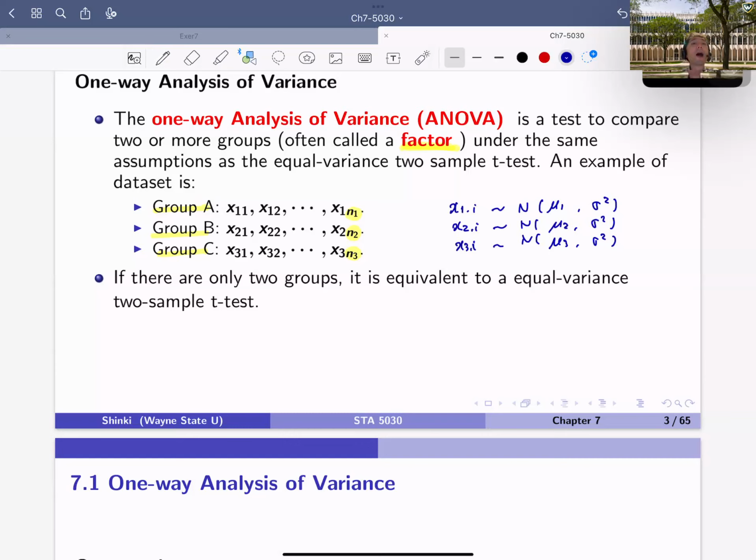And sometimes people ask why we can assume that these variances are the same, even though we don't really know, if we don't even know the means are the same. It sounds like a strange assumption, but the basic idea is that usually we want to see the difference in mean, and the variance is not the most important quantity. So just for convenience, we assume those are the same.